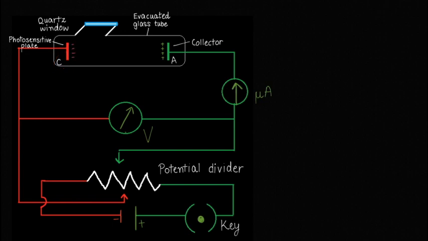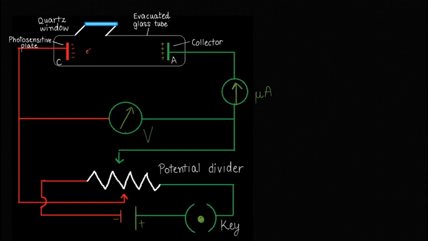Now why did I apply this potential? I have applied this potential so that if there is any free charge inside this evacuated glass tube, it will move from the negative to the positive terminal. So if you consider you have an electron somewhere here, this negatively charged free electron will be repelled by this cathode, which is the negatively charged plate, and it will be attracted by your anode, which is the positively charged plate.